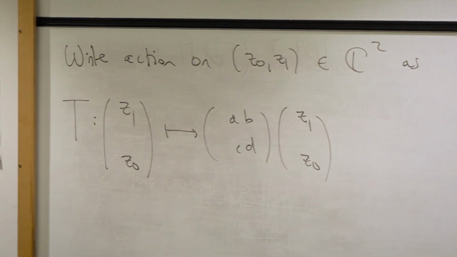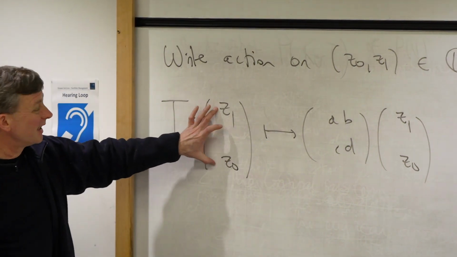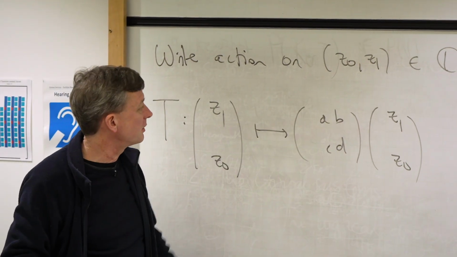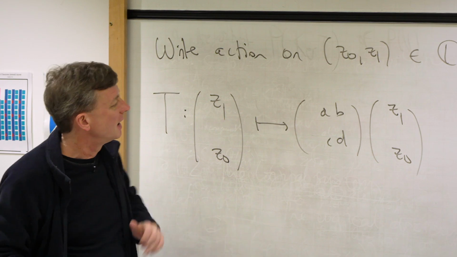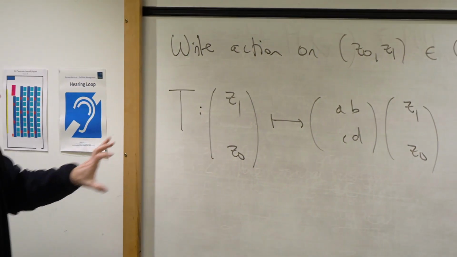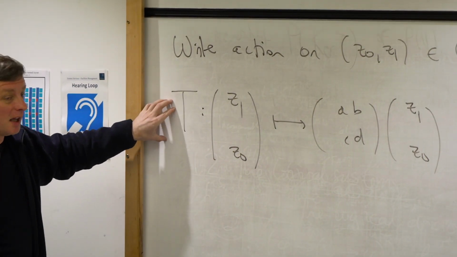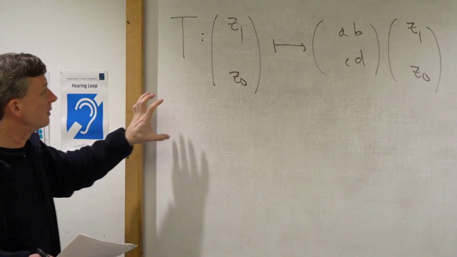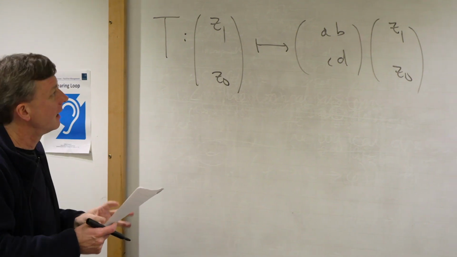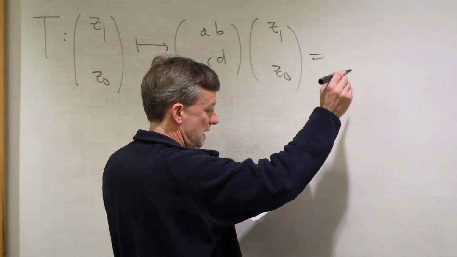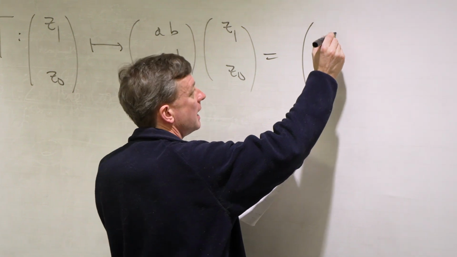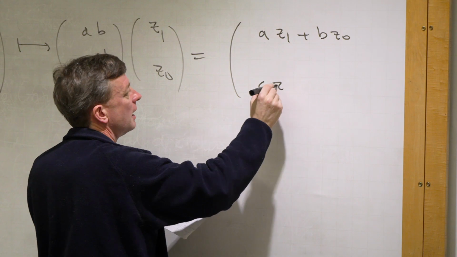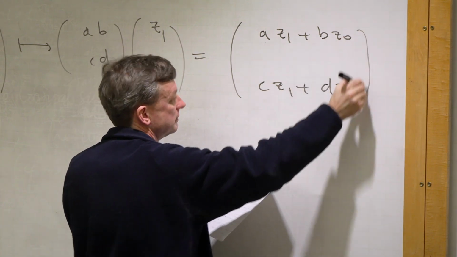Okay, so I'm doing something slightly strange there. I'm writing my column vector upside down. If you want to write it the right way up, then you have to kind of turn this matrix inside out and do probably d c b a or something. Nothing profound about that. I'm just doing it to get the usual expression for Mobius transformations, which is about to appear. Okay, so this is the column vector (a z1 + b z0, c z1 + d z0).